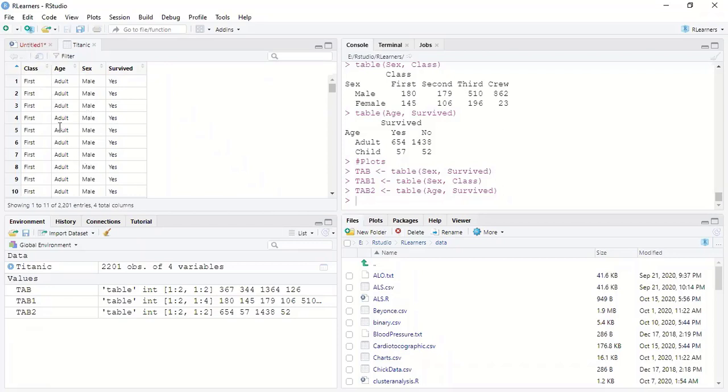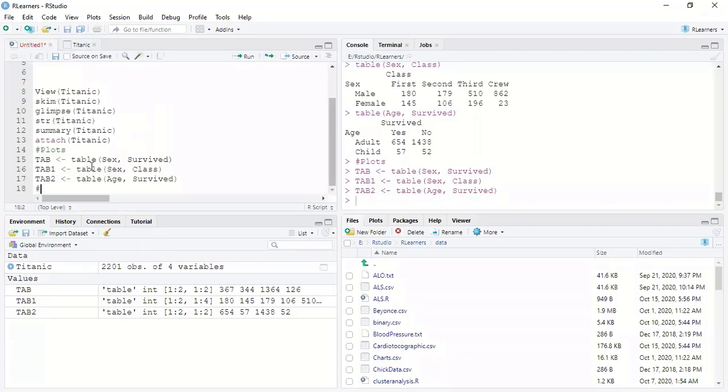So when you don't have any of the variables being numerical or integers, it's called a chi-square test. Now, this chi-square test is called a test of independence.